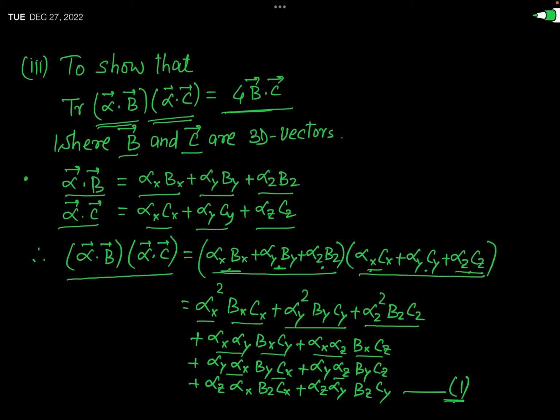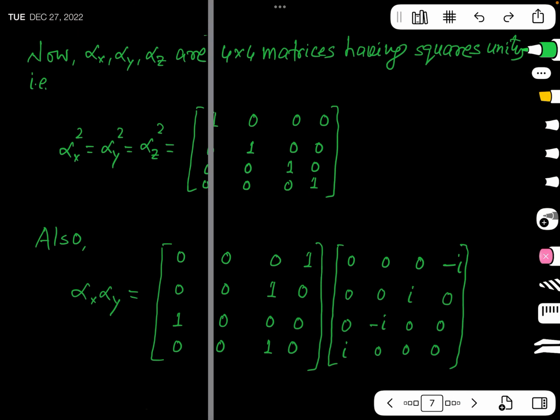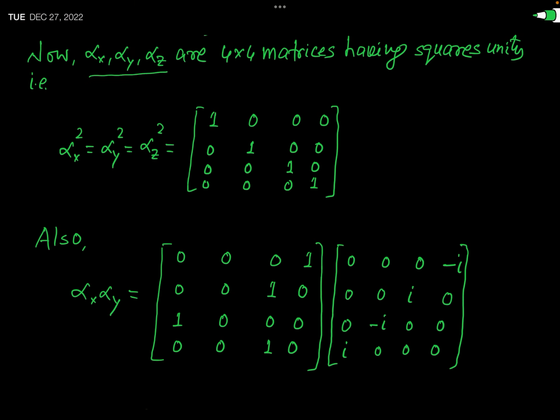Now we will express these matrices as 4 by 4 matrices, because alpha x square, alpha y square, alpha z square, and alpha x, alpha y, alpha z are all 4 by 4 matrices, as we have learned in the previous lecture that these Dirac matrices are even ordered matrices. You can see I have mentioned that alpha x, alpha y, alpha z are 4 by 4 matrices and have their squares equal to unity.